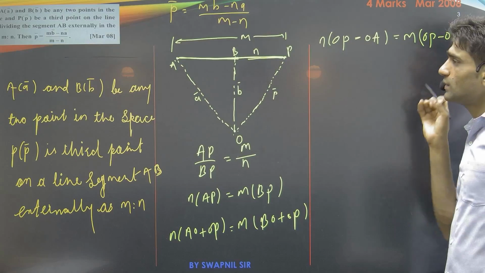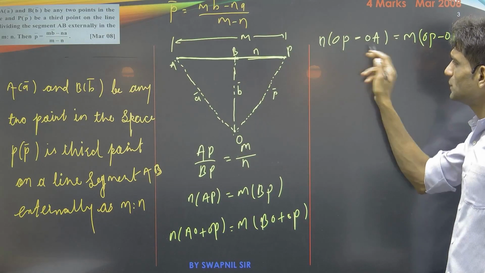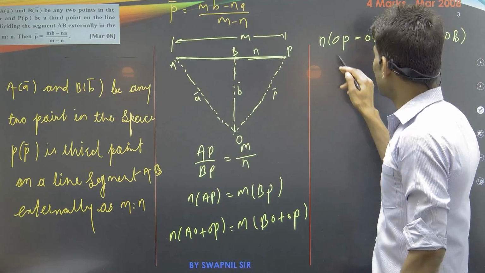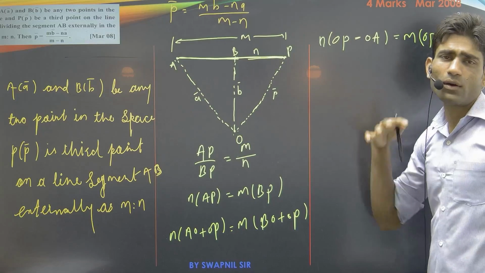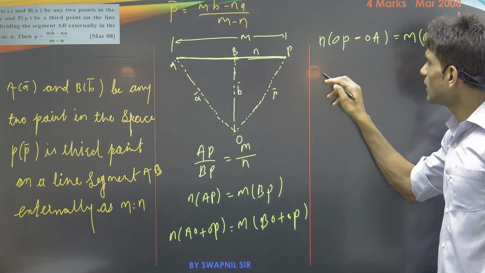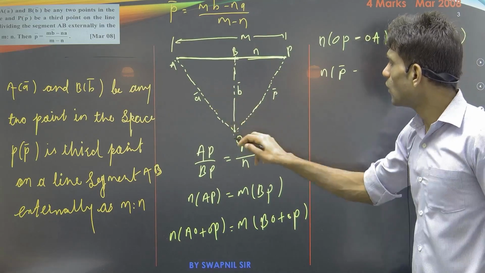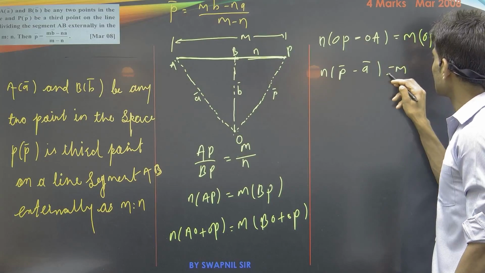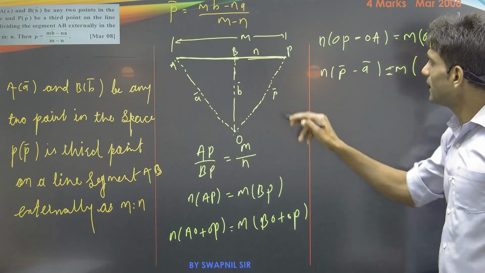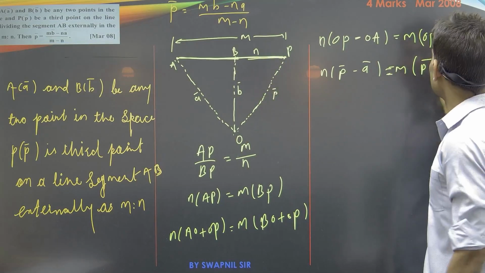So we have these two line segments here. Now just substitute the value for OP. The position vector of P is P bar. So N into P bar minus OA, which can be written as A bar, equals M times P bar minus OB, which can be written as B bar.